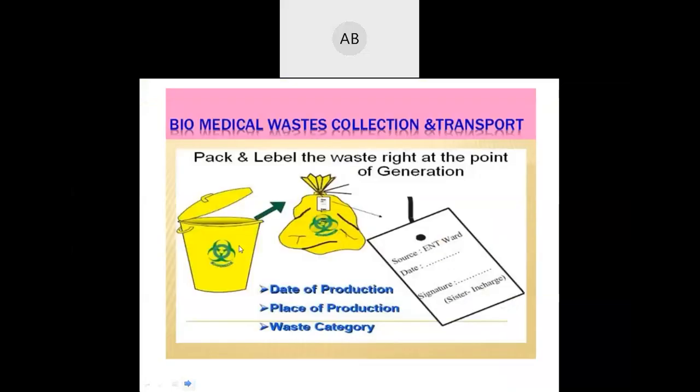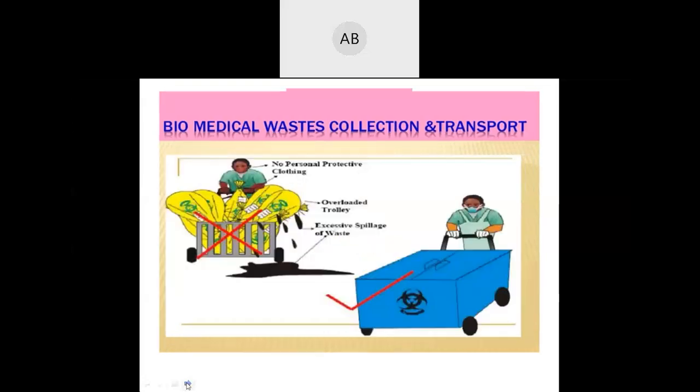Whenever the ward maids are collecting this biomedical waste and planning for transport, they have to label it well. They have to write the date of production, where it is produced, what is the waste category. They have to even measure how many kg there are, and then the in charge has to sign outside. And whenever you are discarding IV fluid bottles, remove the fluids and discard the bottles only. Don't throw the IV bottles with the fluids inside.